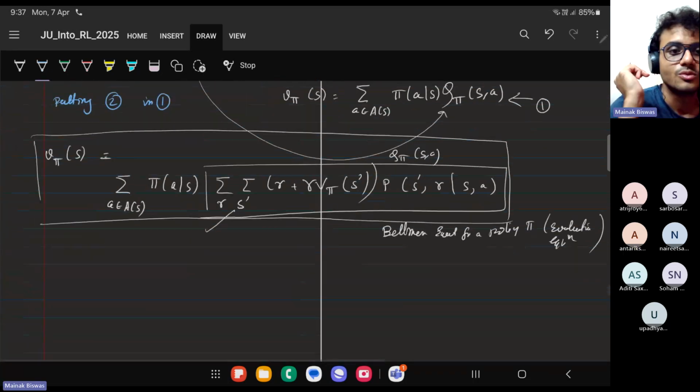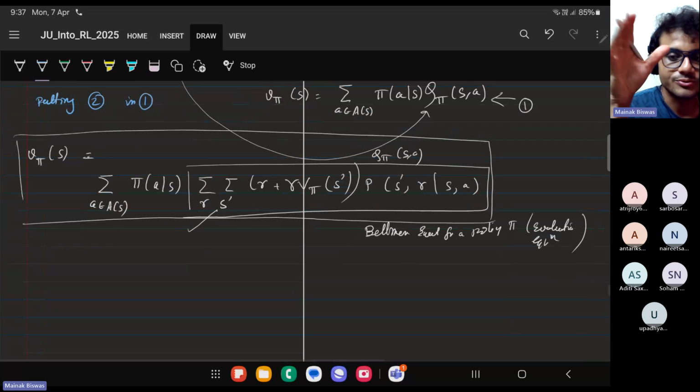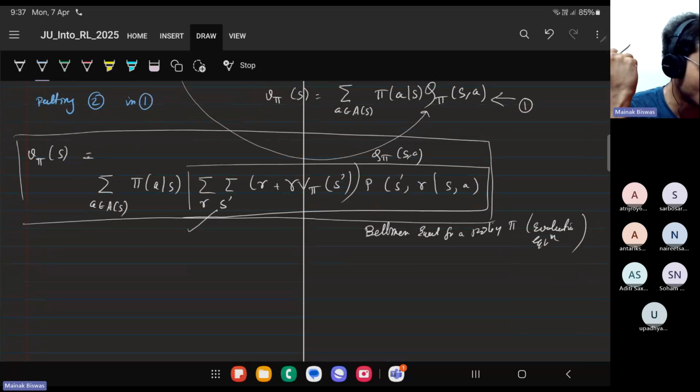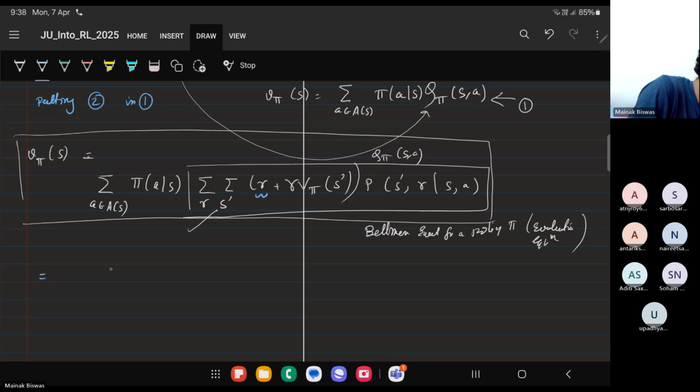Fine. So now I'll try to find a solution to this v pi. There will be a closed form solution if the p's are known. So let us try to understand that. First of all, we have already found one part of it, that is the reward r, sum over all states p of s prime, r given s, a, over all r, summation of a given s of pi of a.